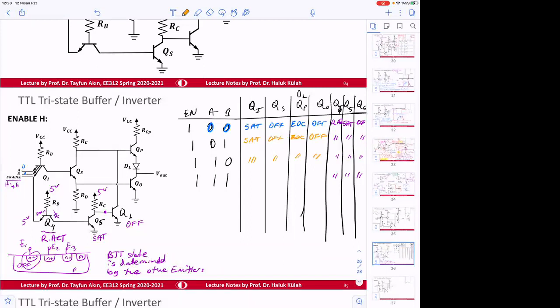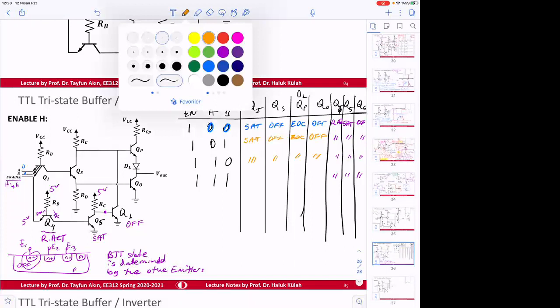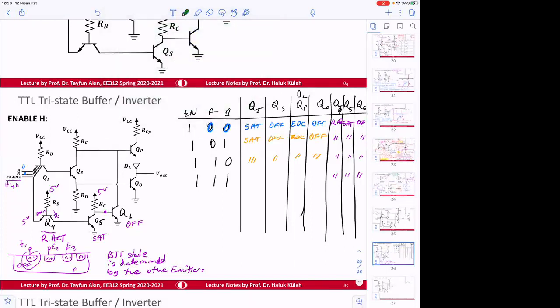This will be the same. Here, if inputs are all, let's say, high, high and high, then QI will be reverse active. If that's reverse active, Q5 will be in SAT. These are going to be off, both of them.